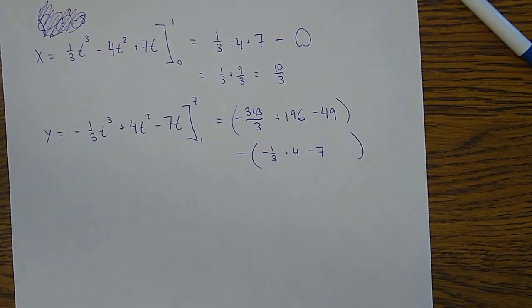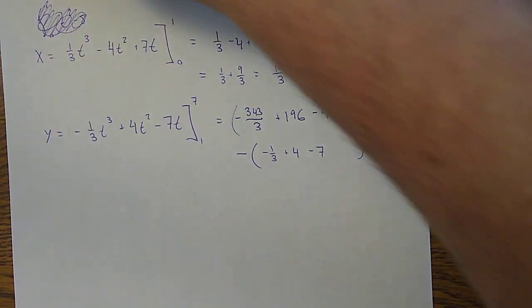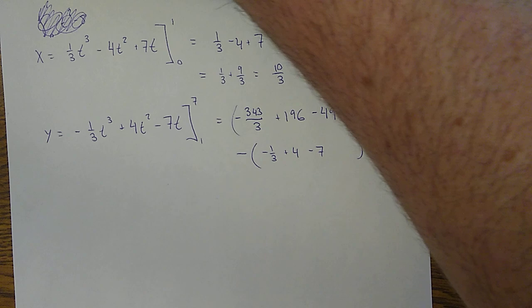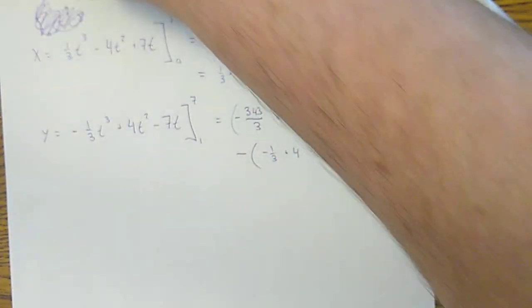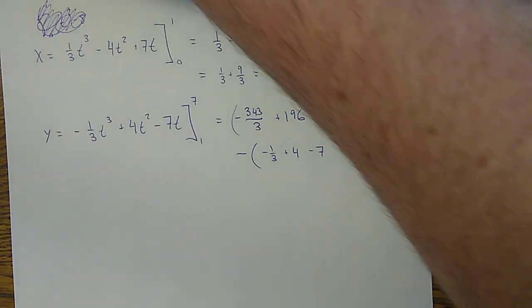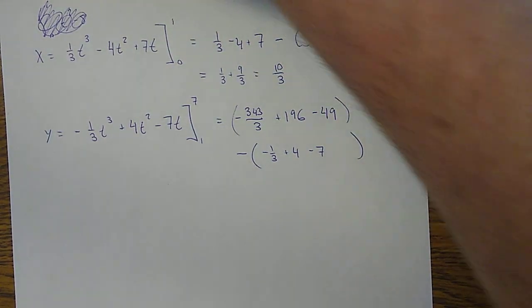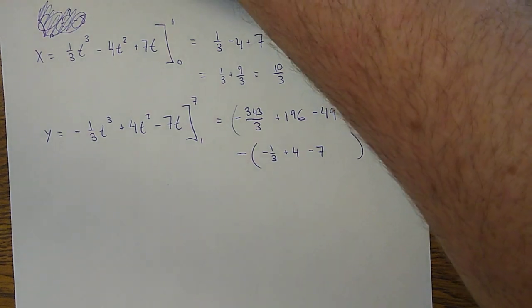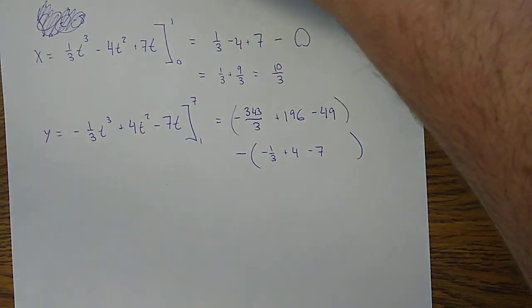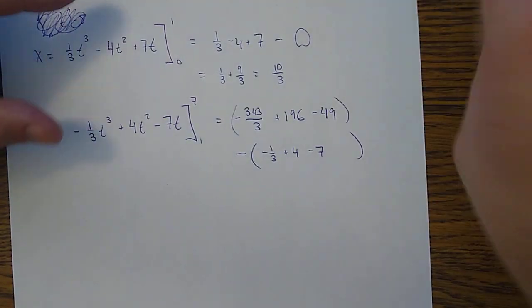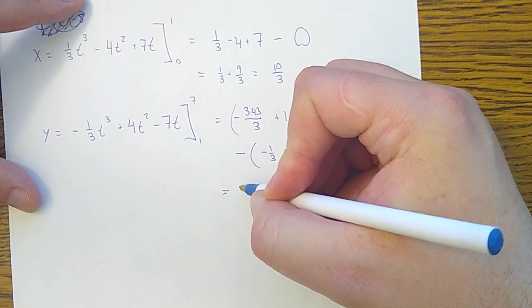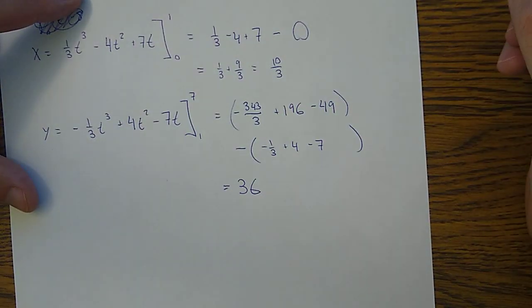You can use a calculator on the test, so let me just do this as quickly as possible. 196 minus 49 minus all of this stuff, negative 1/3 plus 4 minus 7. I get that all of this is 36.